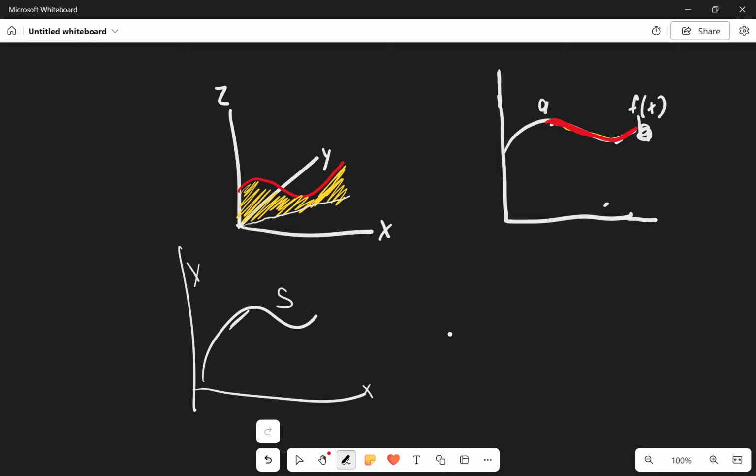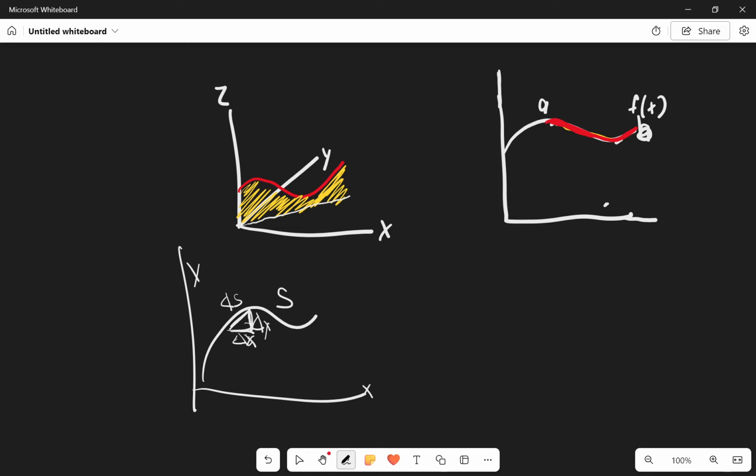To approximate, we can say this is a small change in s, and we can create a right triangle to get this small change in s. So we have ds, dx, and here we have dy.